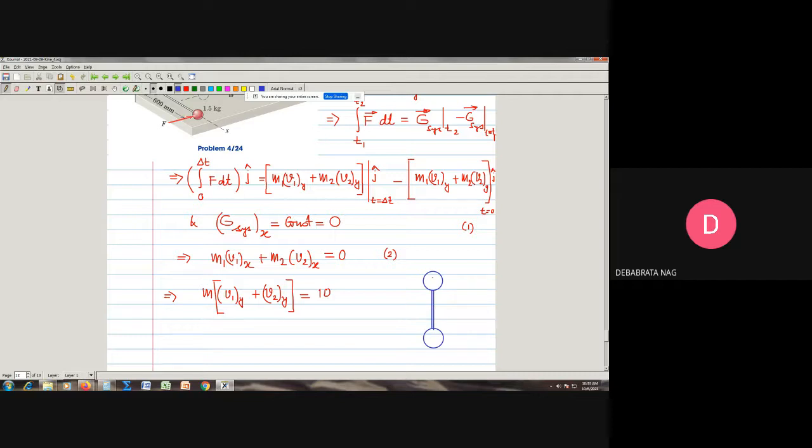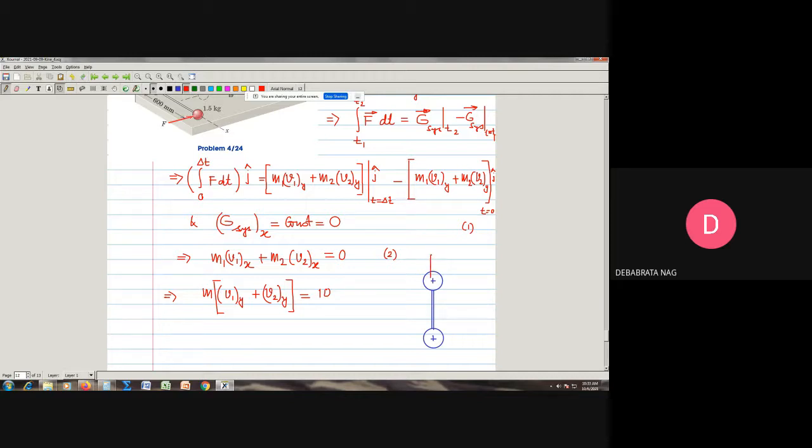Since they are interconnected by this light rigid rod, the velocity along this direction, if we show the velocity in another color, we write it in this way.